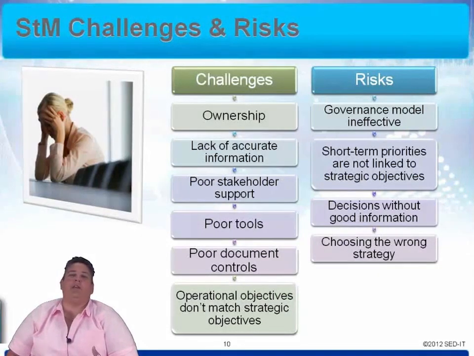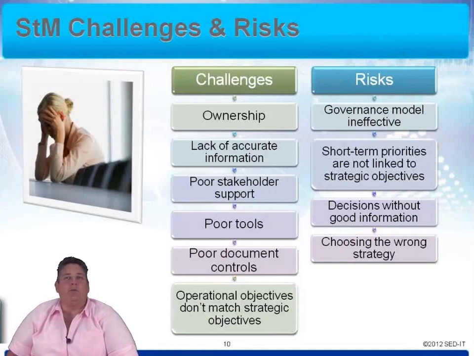Another risk would be choosing the wrong strategy. If we don't have good information, or we don't have the direct stakeholder support, or we don't have the appropriate governance, the risk is very valid that we would choose the wrong strategy for the organization, which could then detrimentally impact the organization.